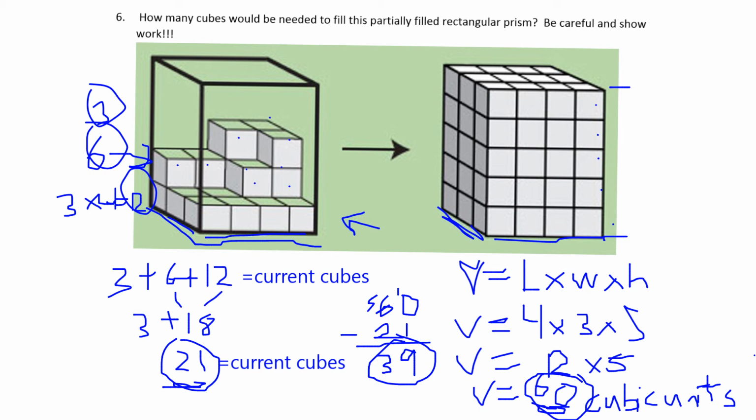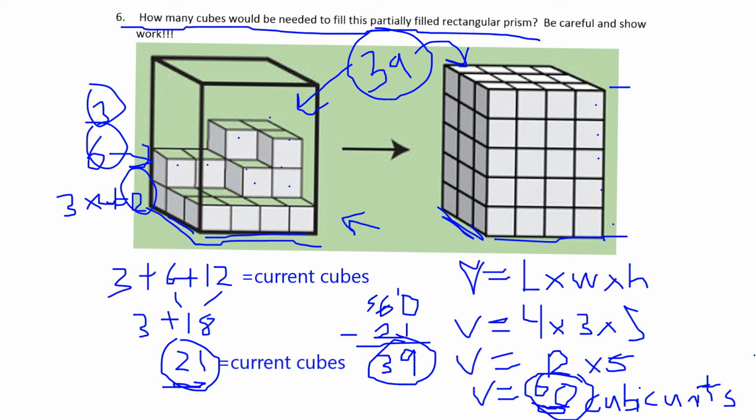In other words, if I add 39 more cubes to here, then I will get this shape here. And so that's what they're looking for. How many cubes would be needed to fill this partially filled rectangular prism? And the answer is 39 cubic units.